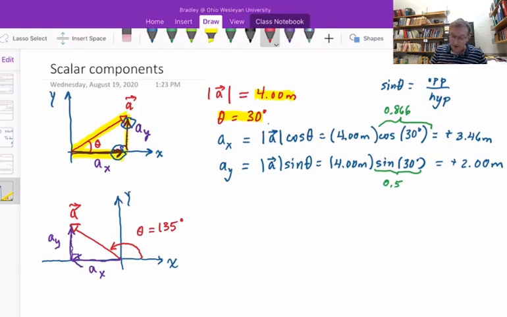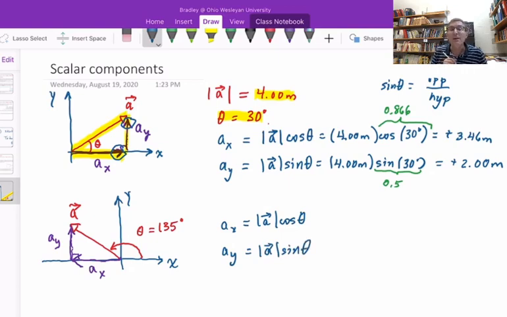So now let's just use the same formula I did in the first example to get AX and AY. AX is magnitude A cosine theta, and AY is magnitude A sine theta.